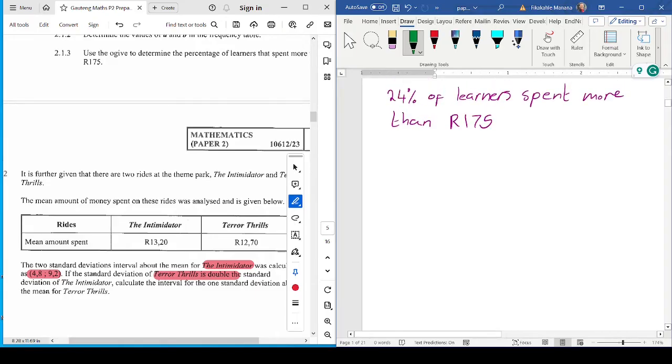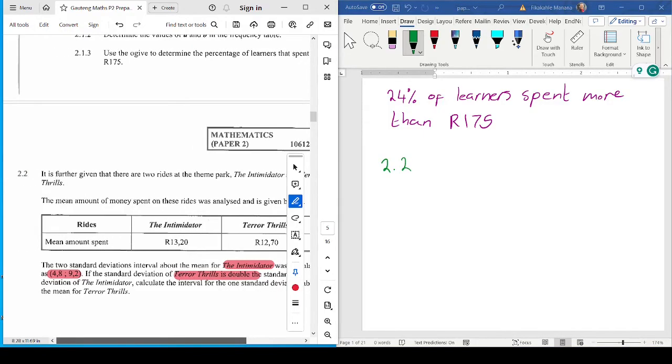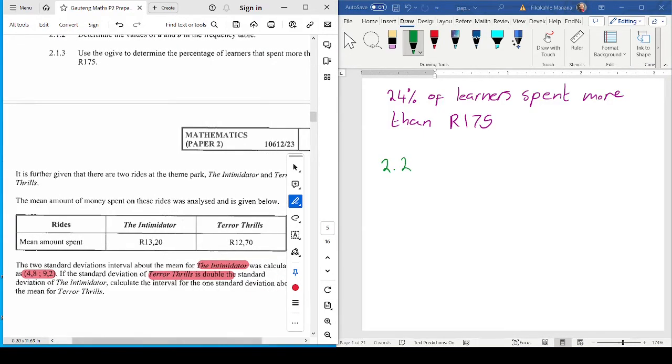Okay, so this is now 2.2, right? Let's put this information into perspective. They are saying the mean, remember 2 standard deviations, these are the mean amounts.